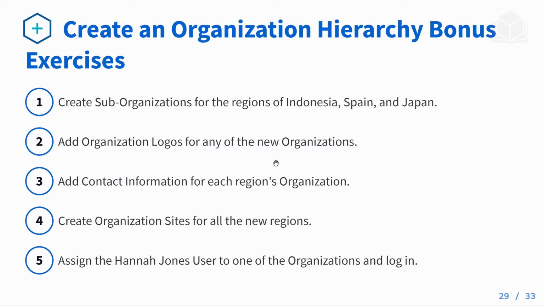Step 4 would be to add an organization site for each of these new regional areas that you created. And then you could use our other user that we created last time, Hannah Jones, and add her to one of these organizations. Without further ado, let's get started.